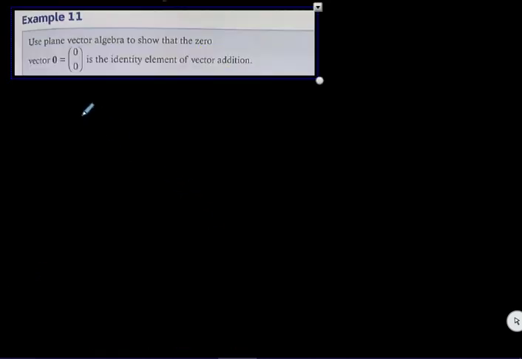Example: use plain vector algebra to show that the zero vector, or the null vector, which has components 0, 0, is the identity element of vector addition.